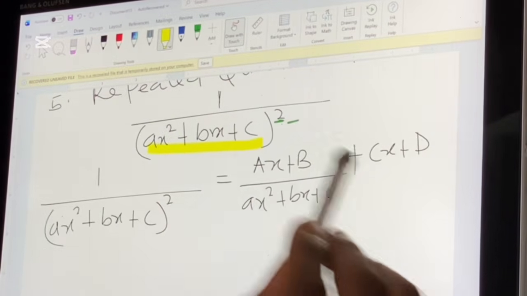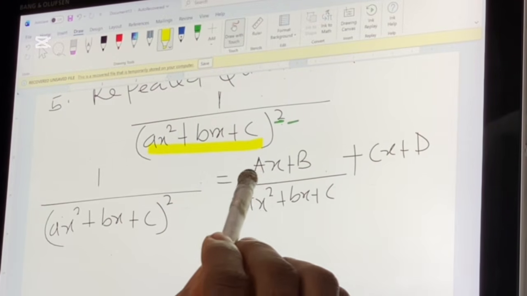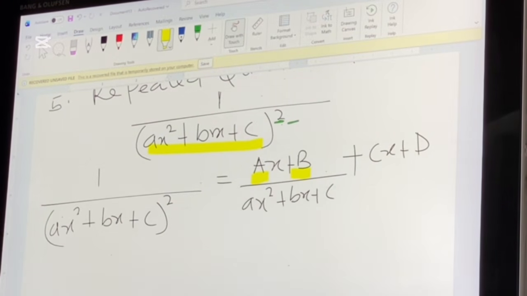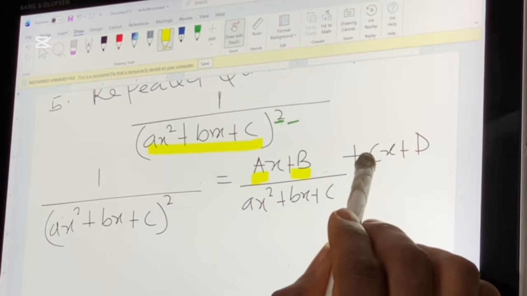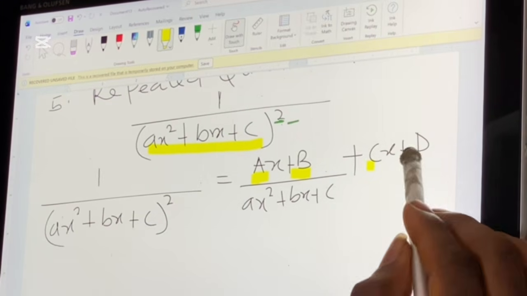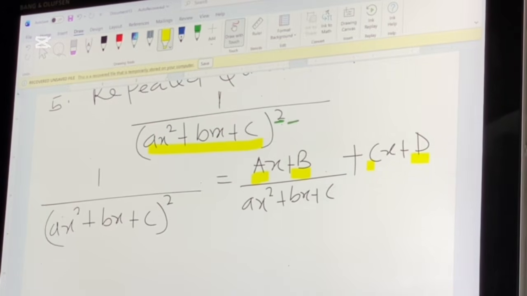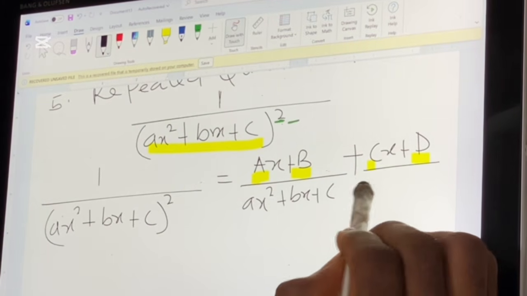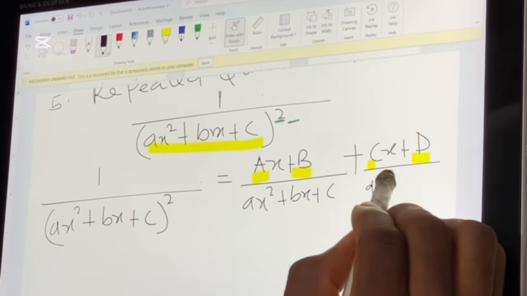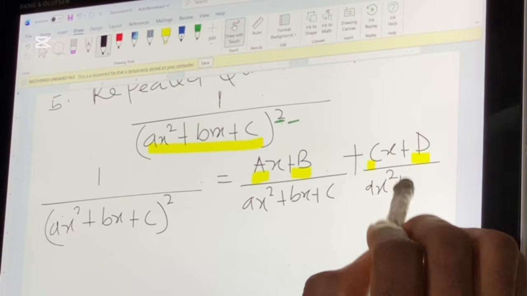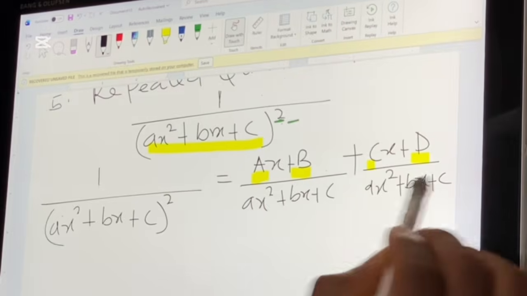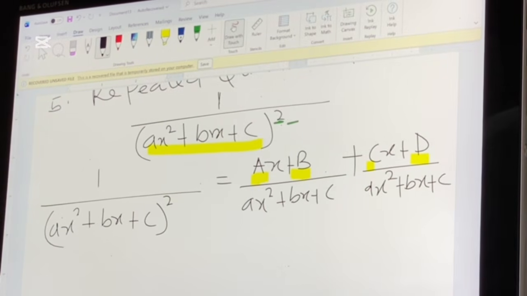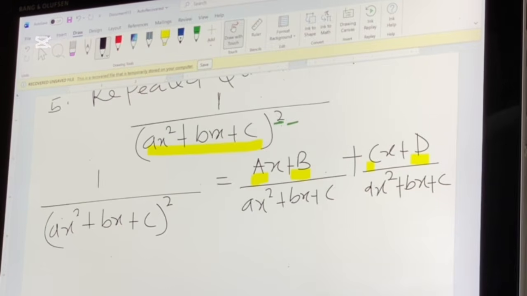I'm using C and D because we have already used letter A and letter B. So the next letters to use are C and D. If there is another one here, the next to use will be E and F. Please take note. So this is how we express the solution to each of the factors.